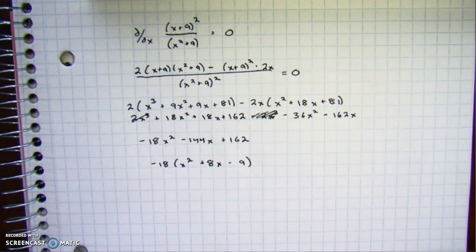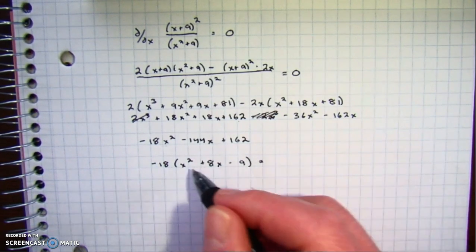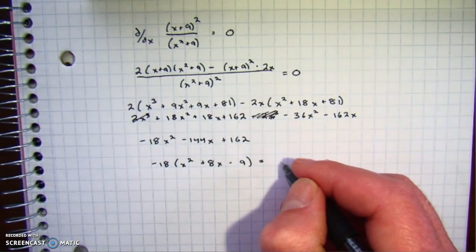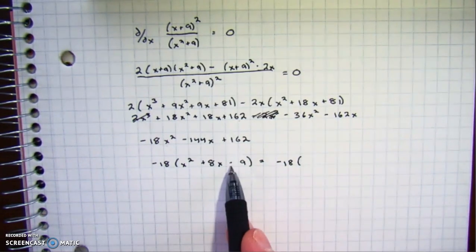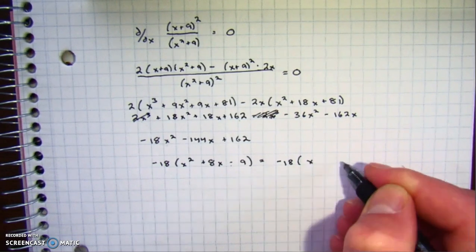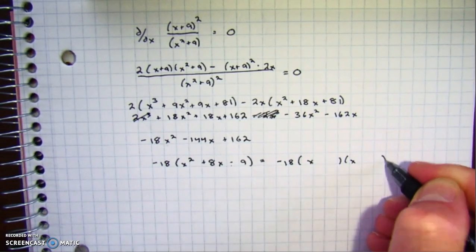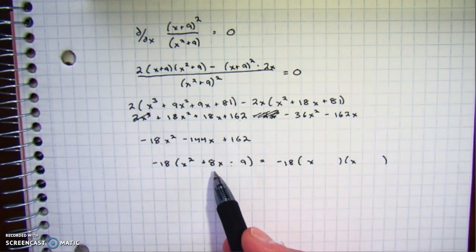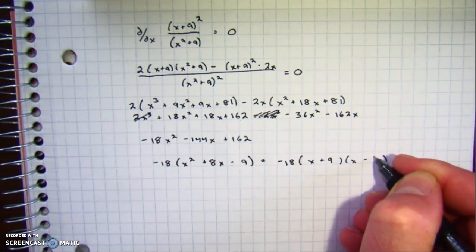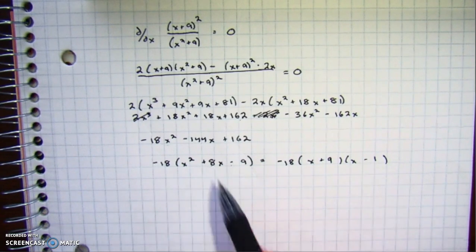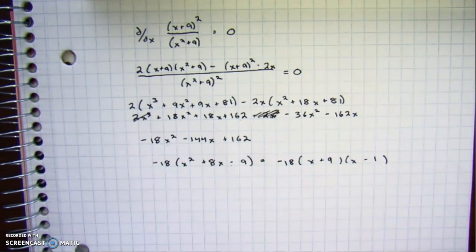Now we're really looking good here. So all I'm doing is looking for two numbers that multiply to negative 9 and that add to 8. Well, 9 and 1 does that. So I know that 9 minus 1 is 8, and 9 times negative 1 is negative 9.